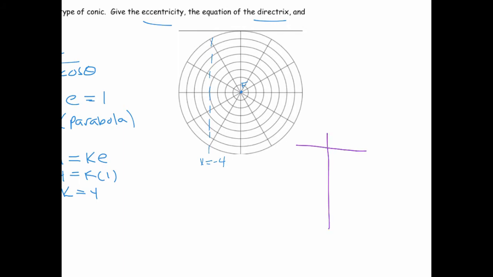So let's make our table, theta values and r values. So 0, pi over 2, pi, 3 pi over 2, 2 pi. I guess if we need other points, we can deal with those when we get there. And so I don't have to keep zooming out, I'm just going to copy that equation over here.